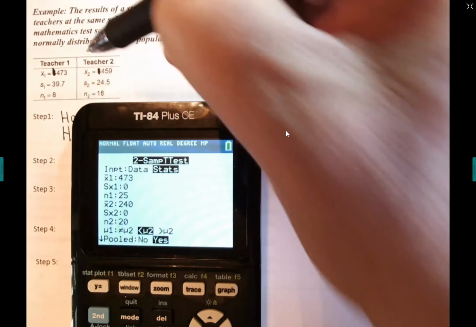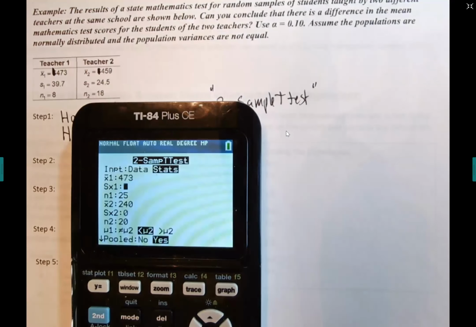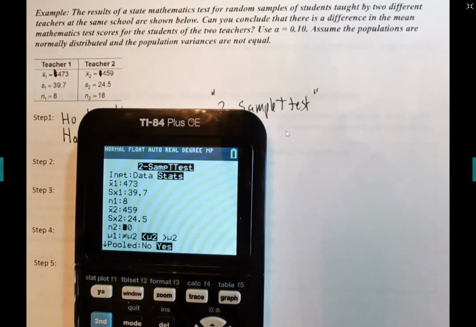I made a mistake and put a dollar sign. S1, 39.7. N1, 8. X2 bar, 459. S2, 24.5. N2, what is N2? 18.